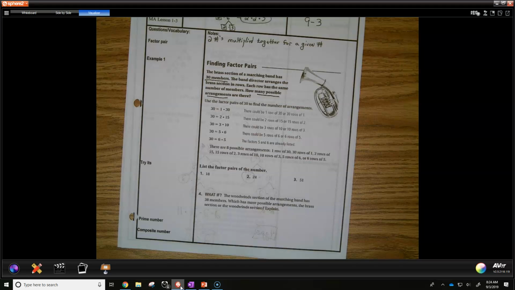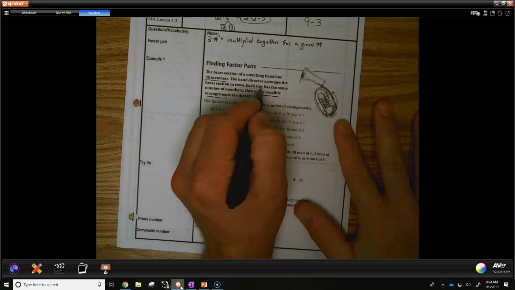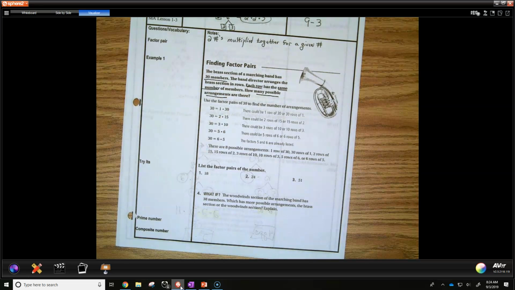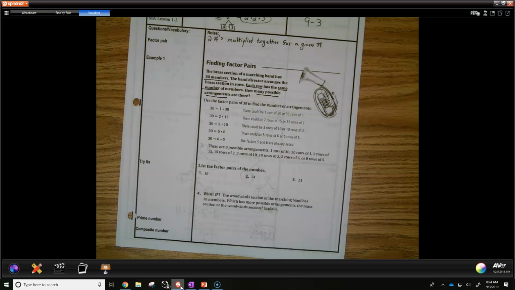Ooh, that part's important. Because each row, same number. That tells me we have an array. We're doing division or multiplication. How many arrangements? That's all I really need. This whole paragraph, I just need 30 members, each row, same number, how many arrangements. That's all I need to know.